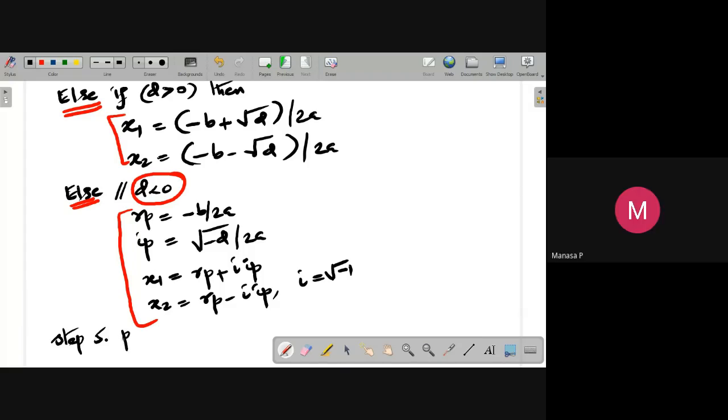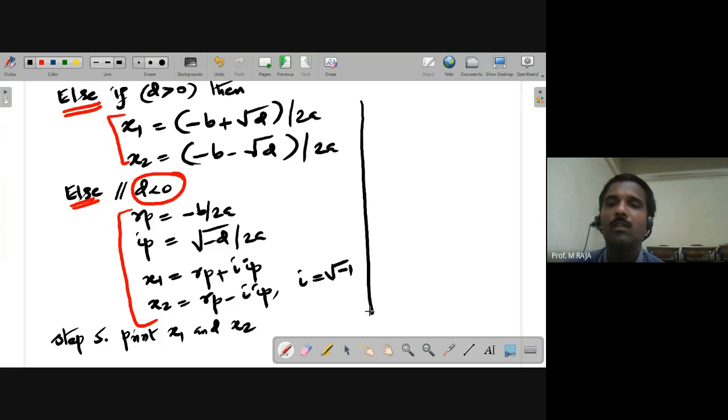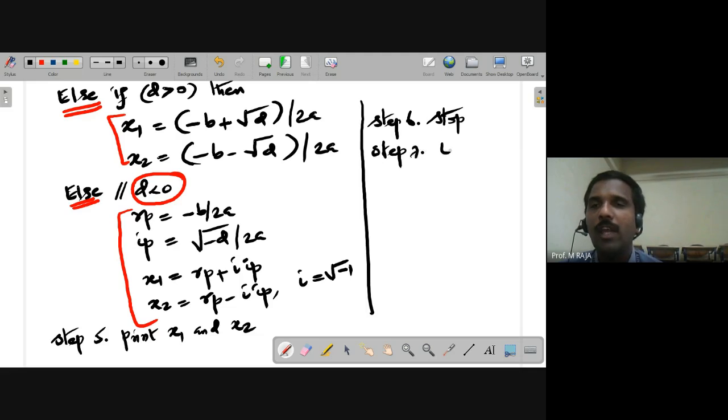Print the roots x1 and x2. Then step 6, we can stop the process. Step 7, if you need, you can write end, just to terminate the algorithm. No more execution will take place.